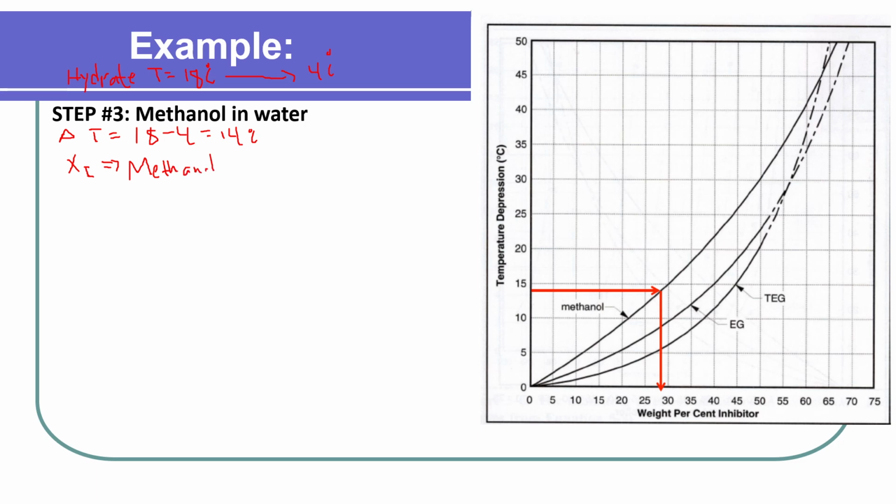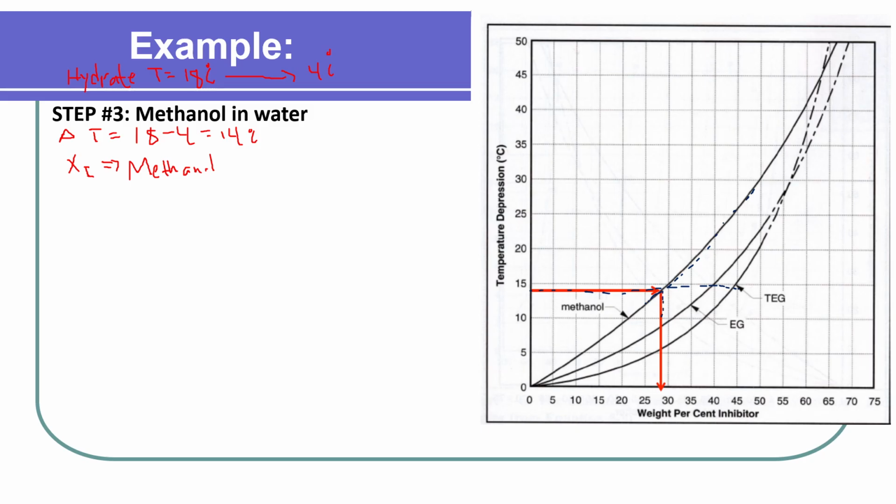There are several methods we can use. We can do it graphically, straightforwardly, by saying that on this chart the temperature depression is 14 degrees Celsius, which is here. I'm using methanol, so this is the chart for methanol.